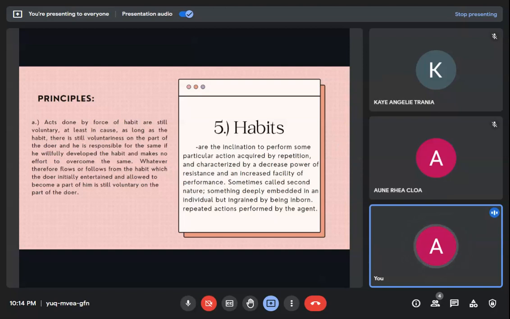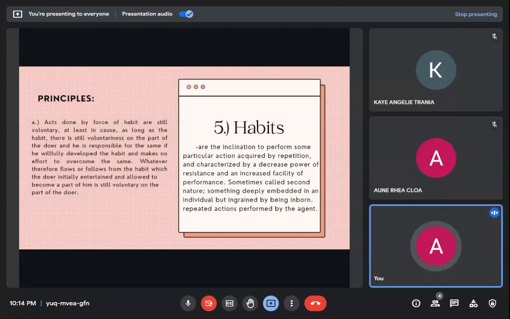We have the principle that acts done by force of habit are still voluntary, at least in cause. As long as there is habit, there is still voluntariness on the part of the doer, and he is responsible for the same if he willfully develops the habit and makes no effort to overcome it. Whatever flows or follows from the habit which the doer initially entertained and allowed to become a part of him is still voluntary on the part of the doer.